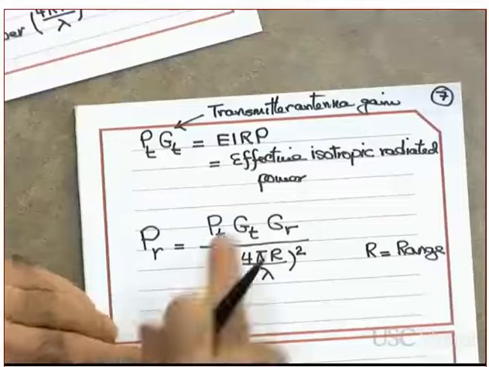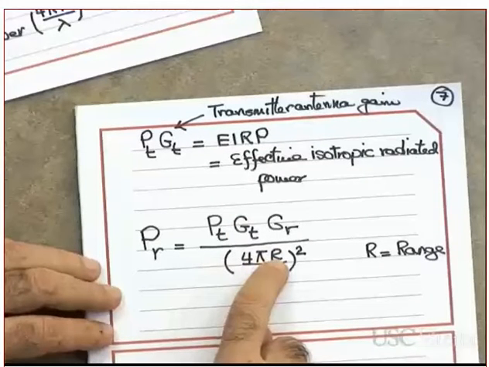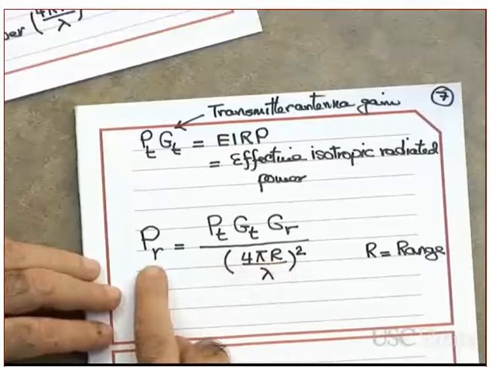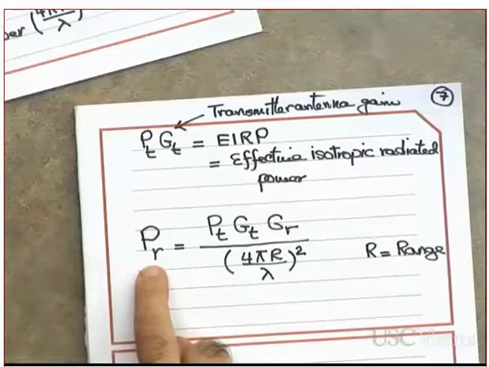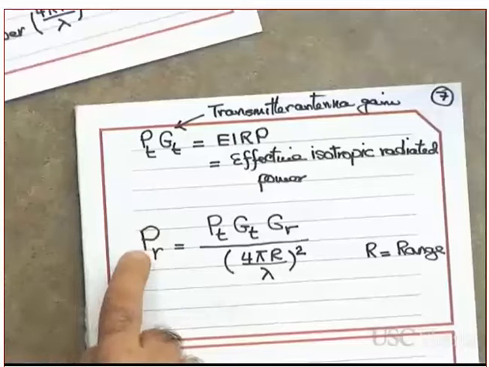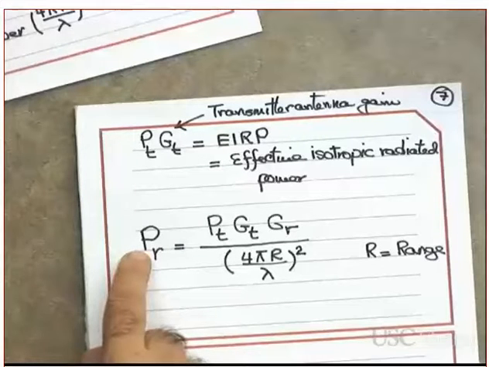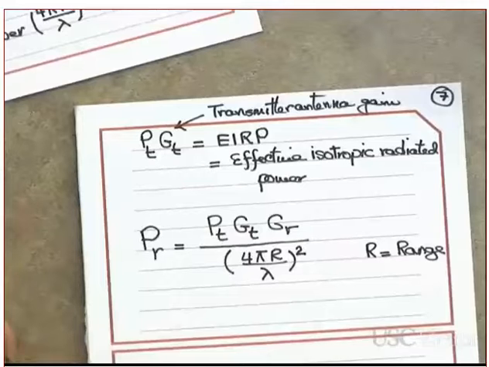Okay, good. Now, what do you notice? As R increases, as the range increases, the received power decreases. That's one thing. Second thing, as the frequency increases, PR decreases. Notice, by the way, it's not linear, it is non-linear because there is a square. Yes or no?